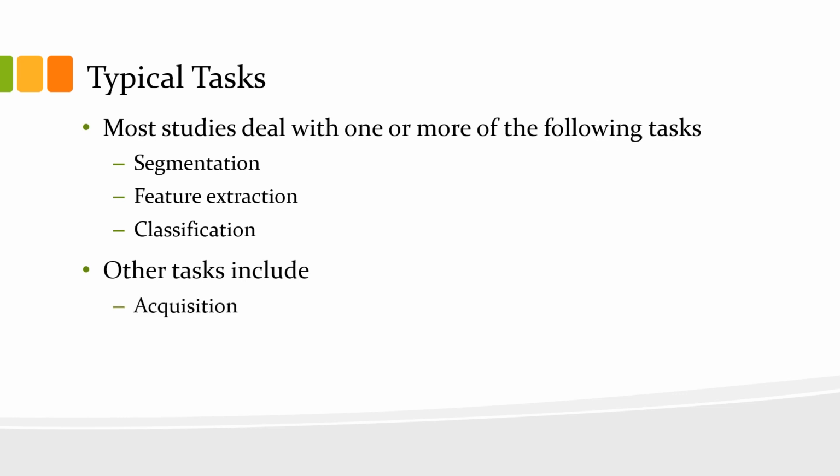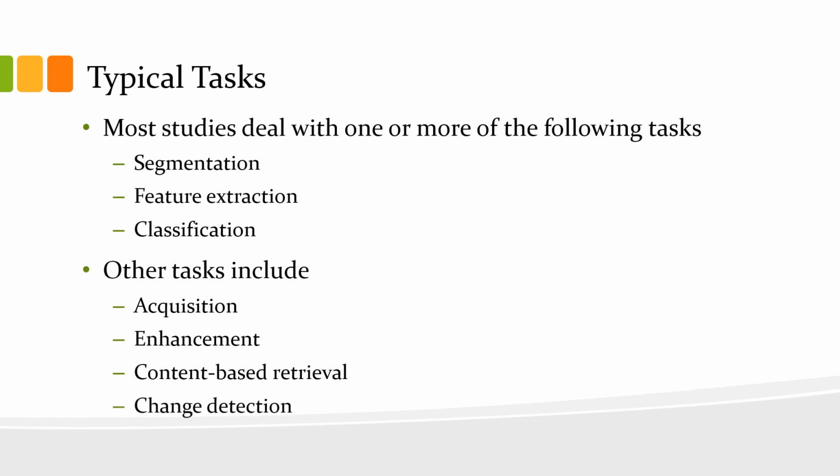You can improve the acquisition step so that the quality of the image is better. You can improve the image after acquisition, for example, improve the color balance, improve the contrast, remove hairs, bubbles, and so on. You can retrieve images based on similarity, and you can detect changes, which is for monitoring the evolution of a lesion.